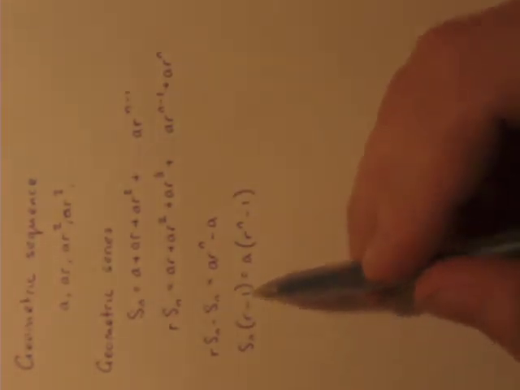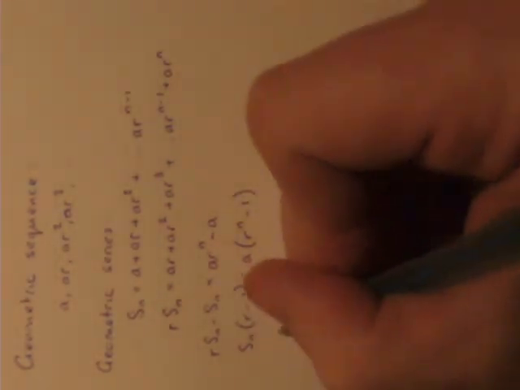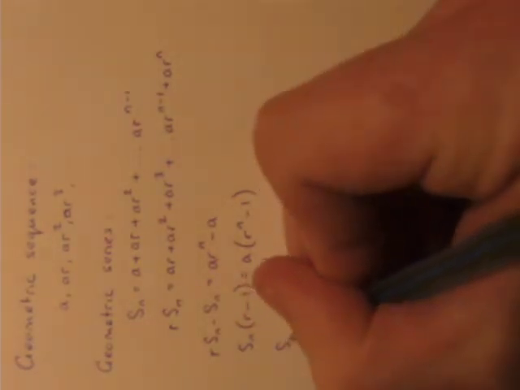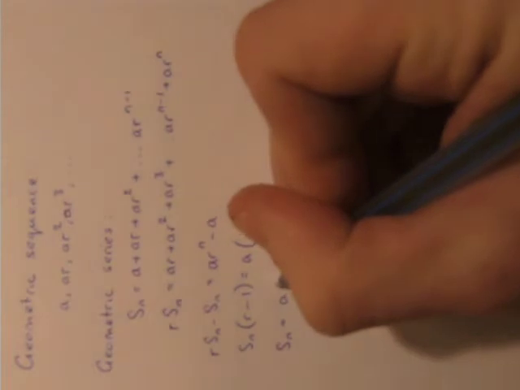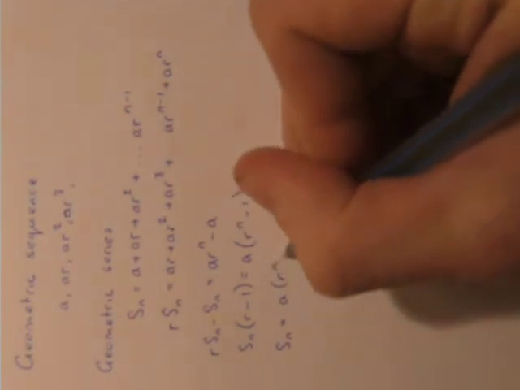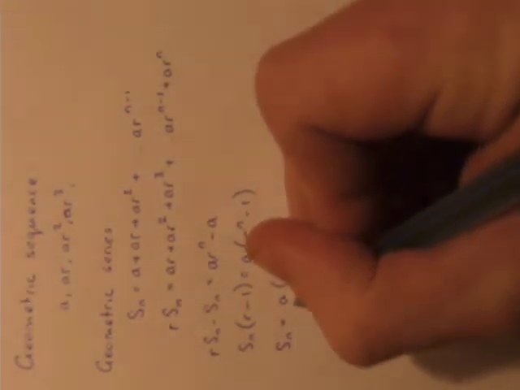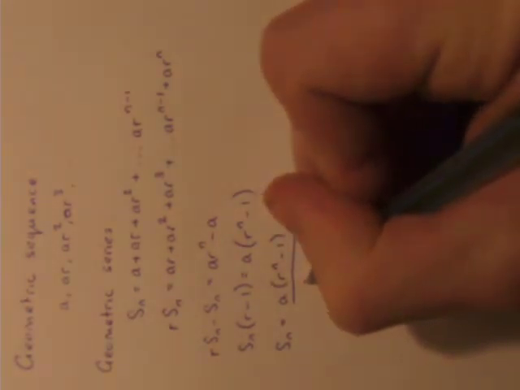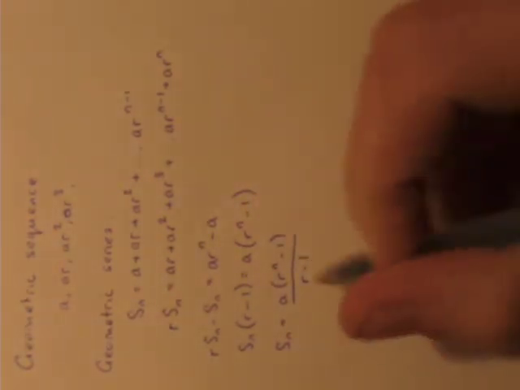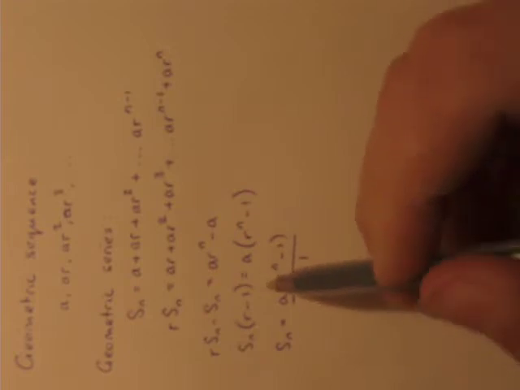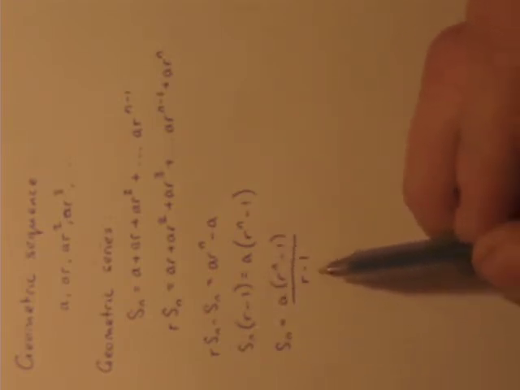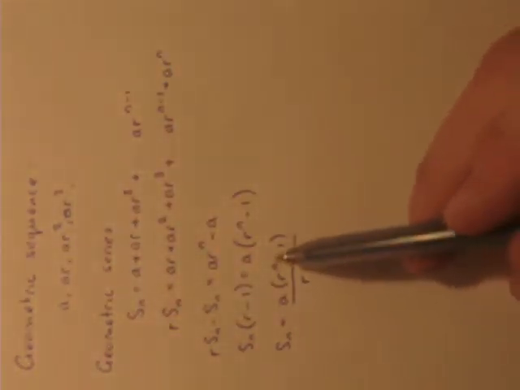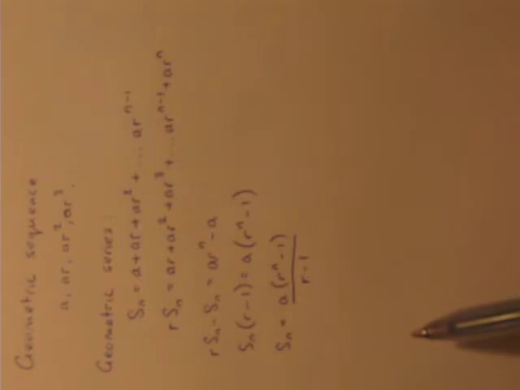Now, if we divide through by r minus 1, we'll find that Sn is equal to a times r to the n minus 1, all divided by r minus 1. So this is the formula for the sum of a geometric sequence, the first n terms of it.